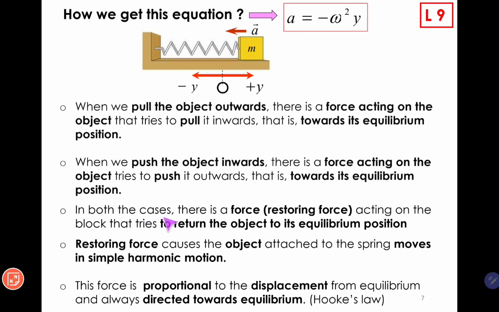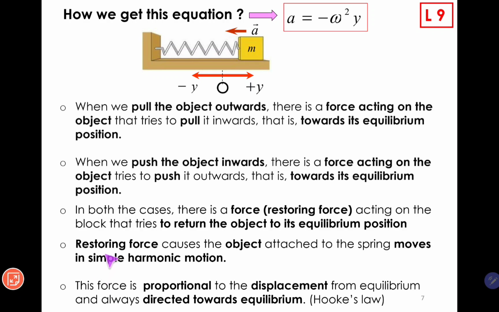In both cases, there is a force, which we call the restoring force, acting on the block that tries to return the object to its equilibrium position. The restoring force causes the object attached to the spring to move in simple harmonic motion. By pulling or pushing it, the object moves again and again, repeatedly. So we are talking about oscillation. The object oscillates between one amplitude and another amplitude through the equilibrium.